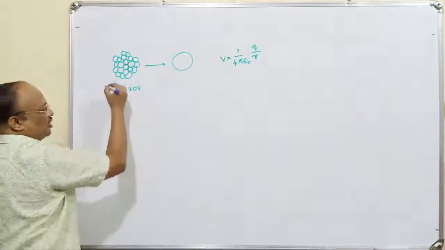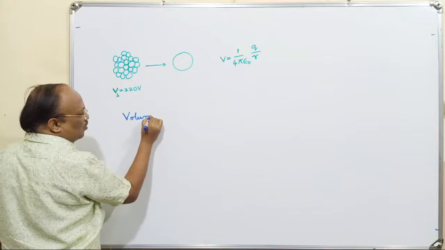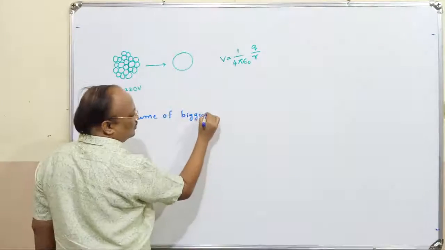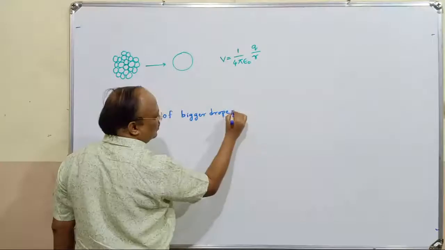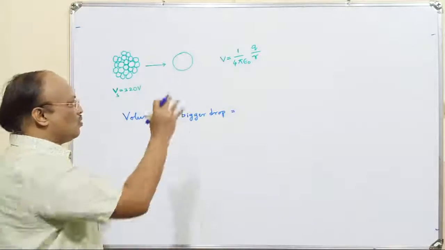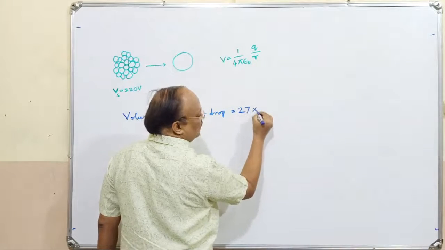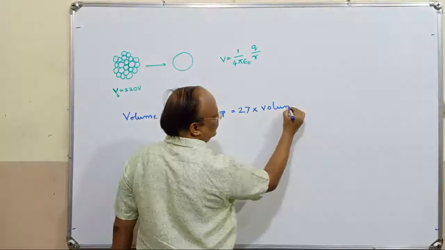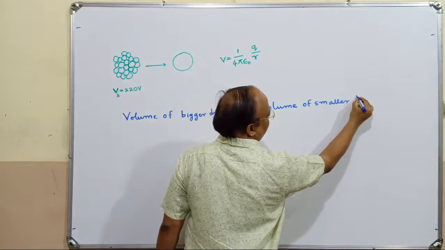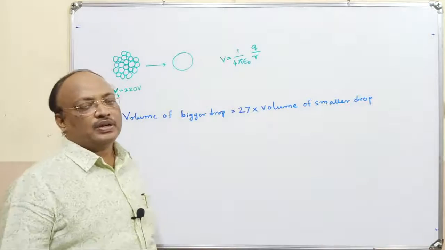So what I can say, the volume of this bigger drop is equal to 27 times the volume of the smaller drop.